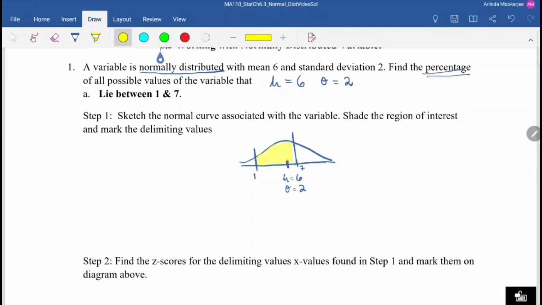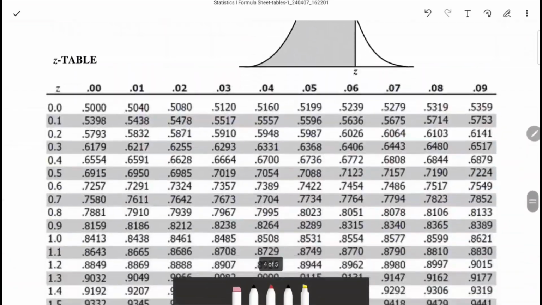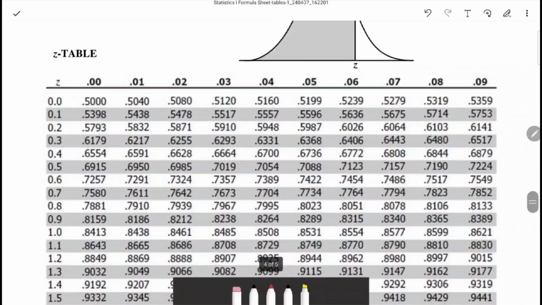So what I'm going to do is quickly switch to the table and show that to you. So this is the Z table that we will be referring to, which has all the areas for specific Z values, right? The Z table is broken up into two sections. The first section has all the negative Z values, and if you go down below, this has all the positive Z values.